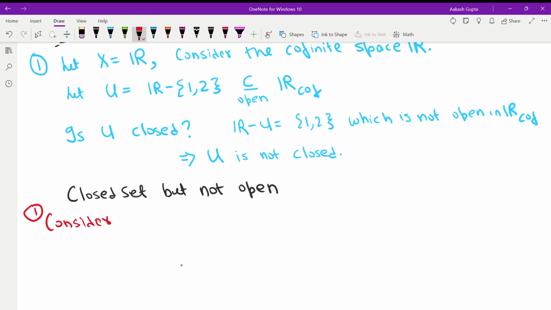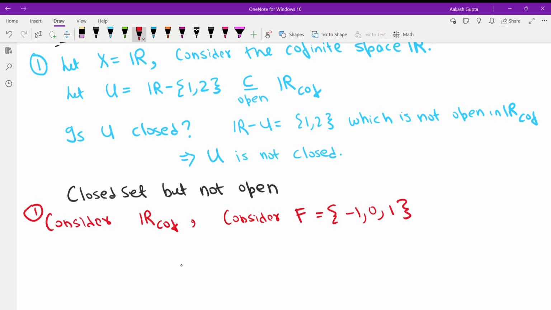Okay, so consider R along with cofinite topology, basically this notation we have used. Consider F is equal to, say, {-1, 0, 1}.